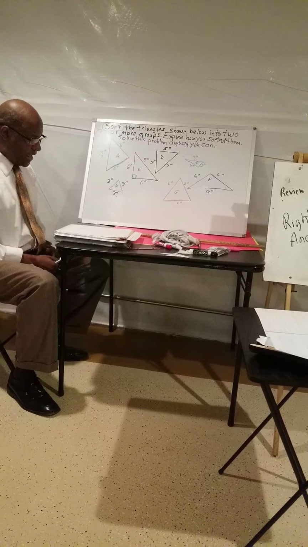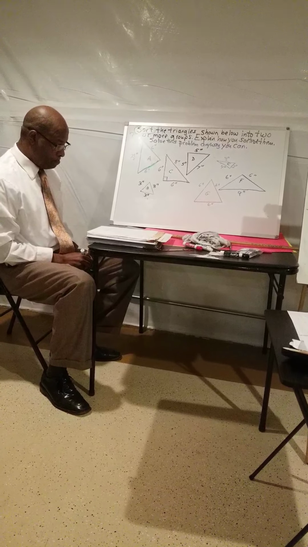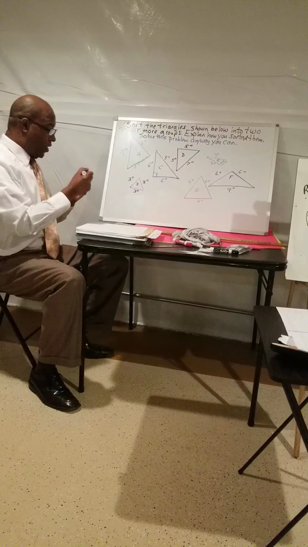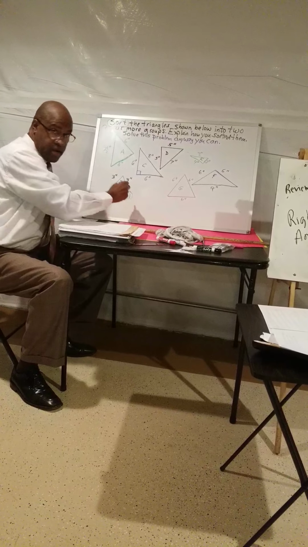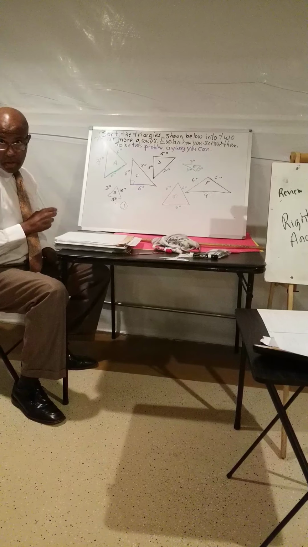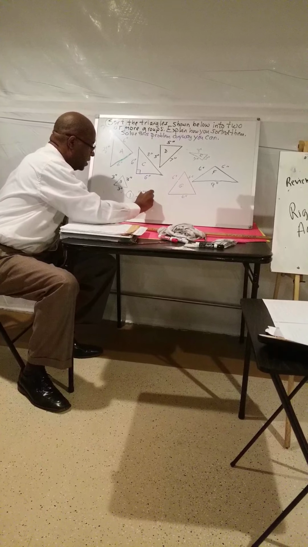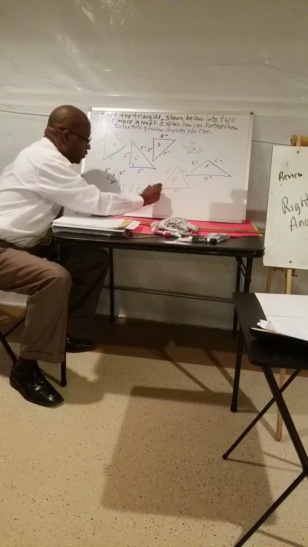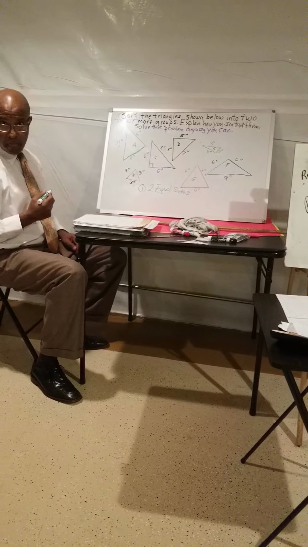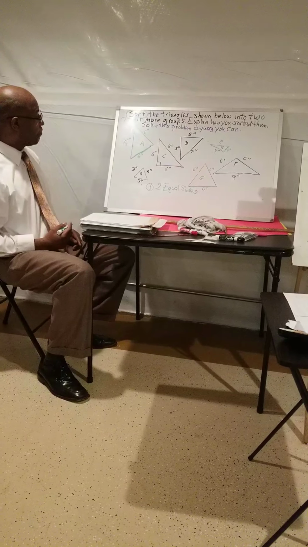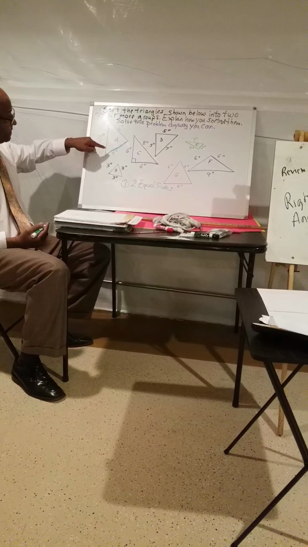Okay. Now, what did you all do here with this? Okay, I heard somebody say that some of the triangles were in the category of two equal sides. So what do you mean? Okay. So triangle A has two equal sides, 6 inches and 6 inches.